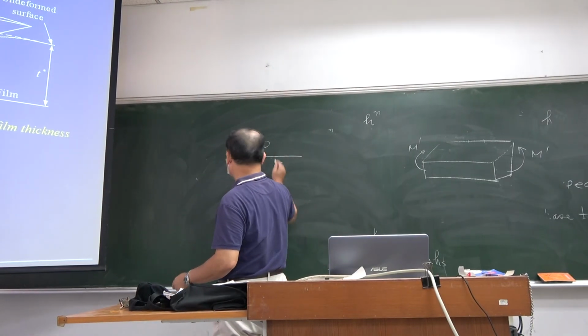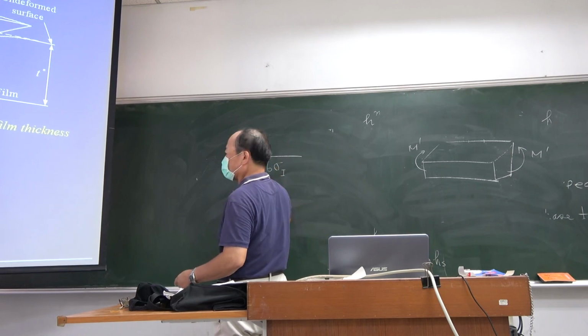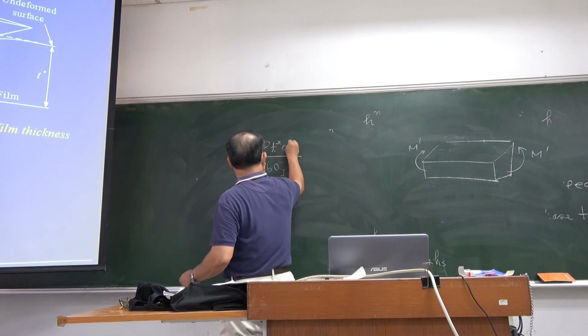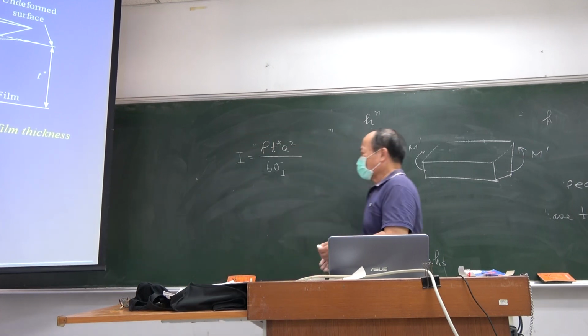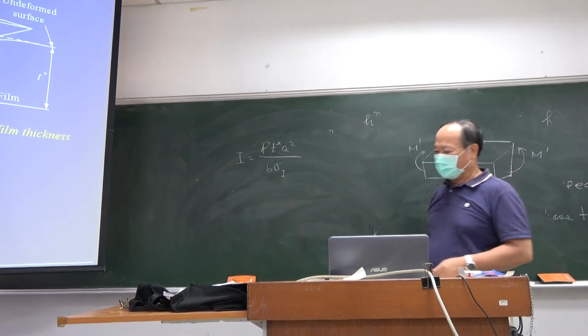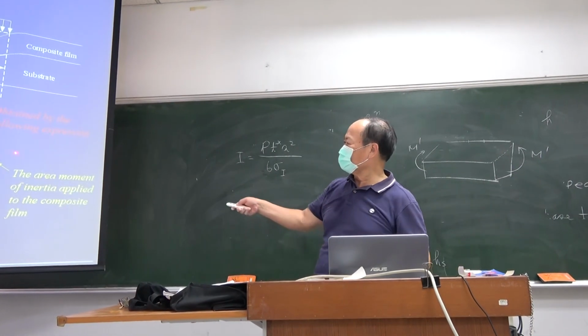P. Oh, this is 6 P star and A squared, right? So from this equation, we obtain I here. This I is input into here.